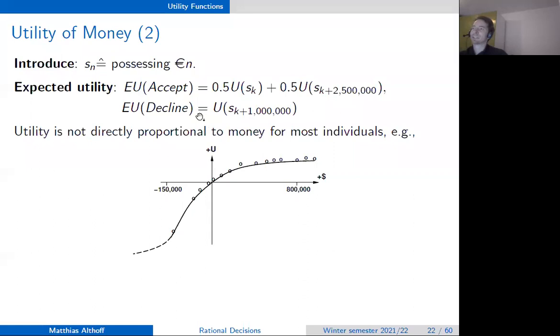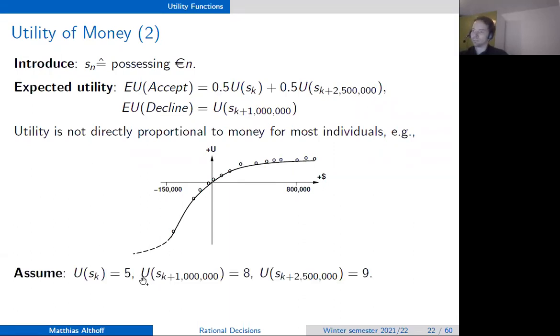And let's say the utility, if you get 1 million euros, is increasing from 5 to 8. And if you get 2.5 million euros, it would increase from 5 to 9.